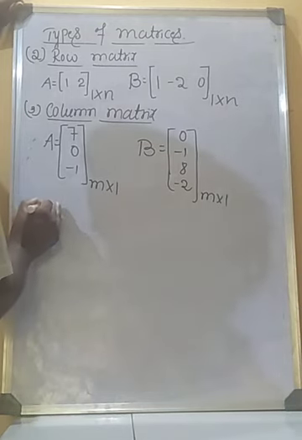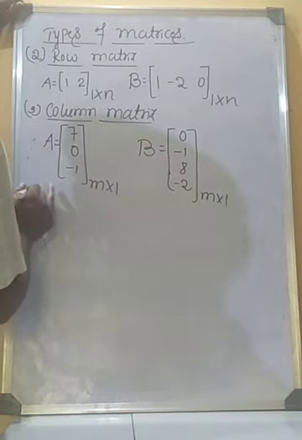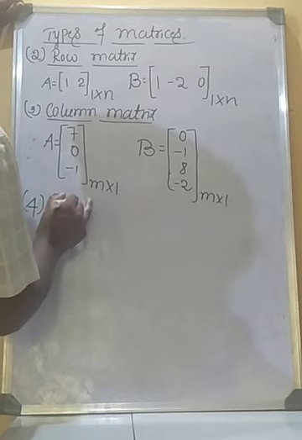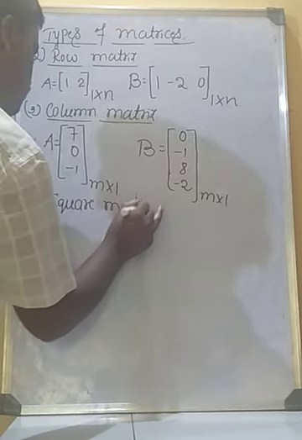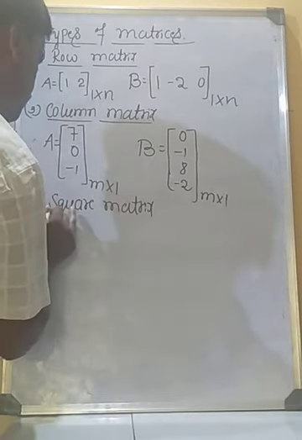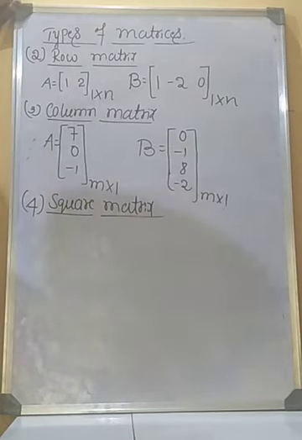The next one, square matrix, the fourth one. A matrix in which the number of rows is equal to the number of columns is called a square matrix.